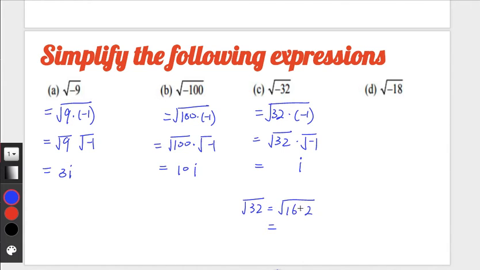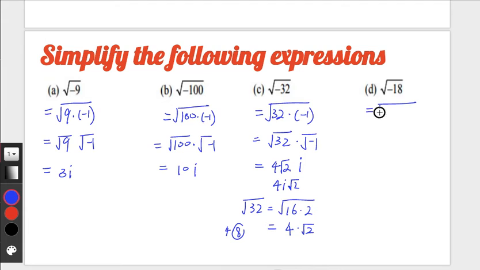If you want to break it down as 4 times 8, you have to simplify more, because for 8 you have to simplify one more step. So radical 16 is 4, and I write 4 radical 2 i, or you can write 4i radical 2. They are equivalent because they are multiplication, so you can change the position.